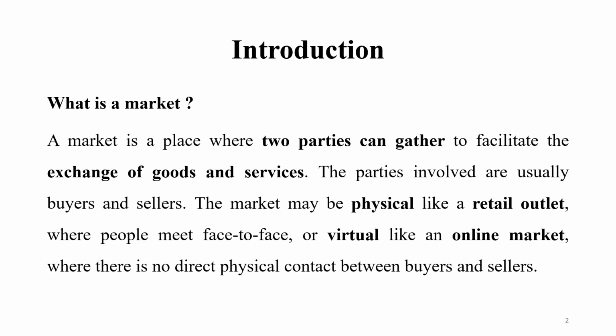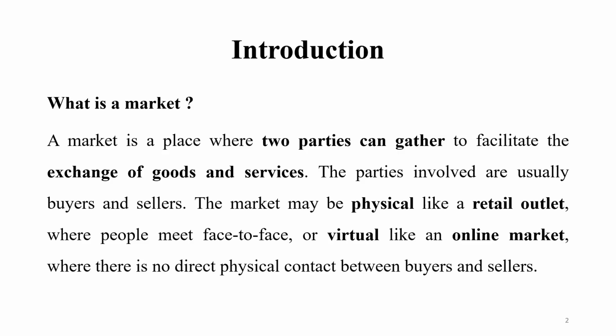Whatever the place, the purpose is to purchase a good or service from the customer's viewpoint. In contrast, from the supplier's viewpoint, their aim is to sell the good or service.